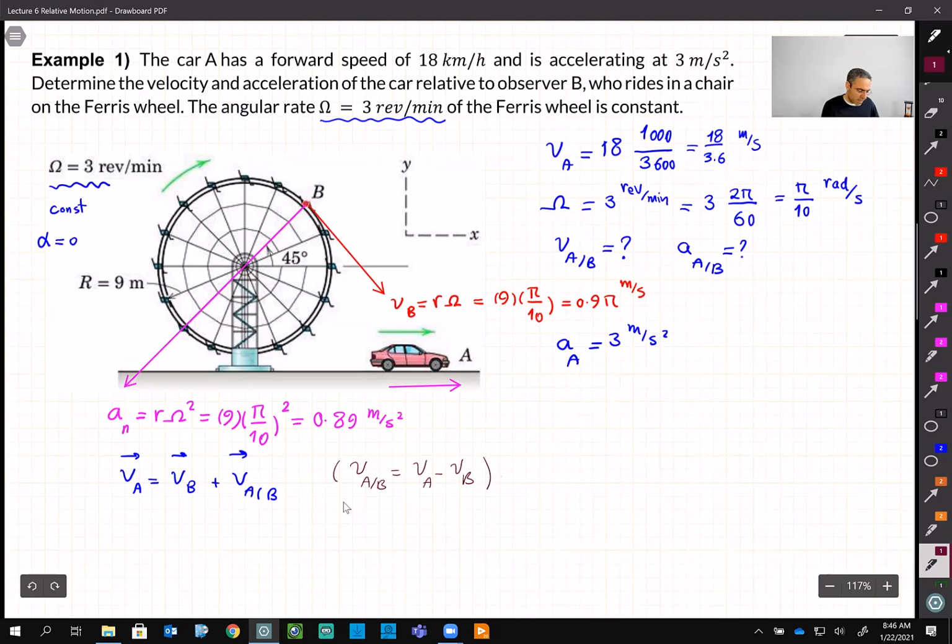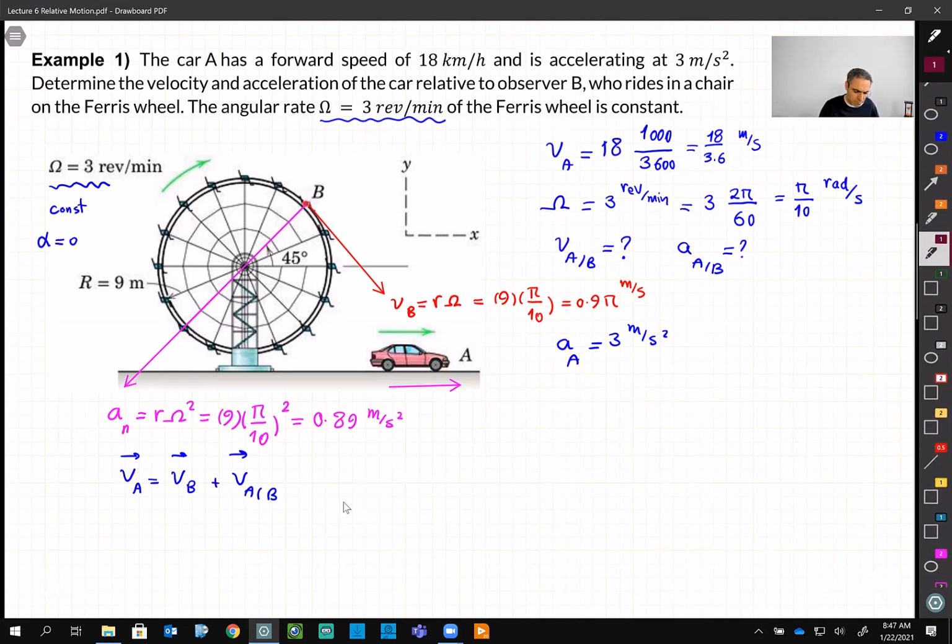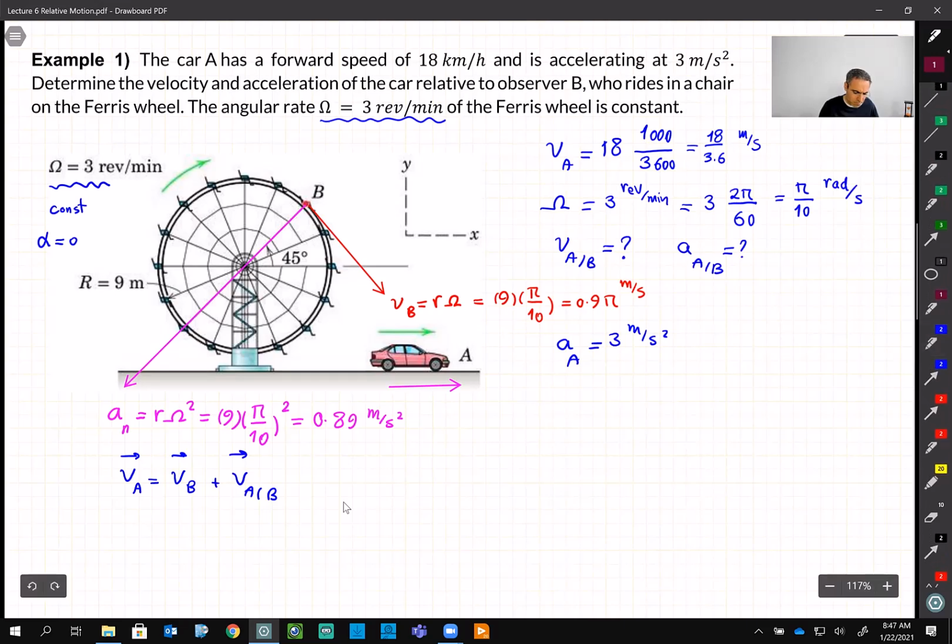And the same we can write down for acceleration: AA is equal to AB plus AA with respect to B. So if you agree with this point, then the rest is just substituting these values.